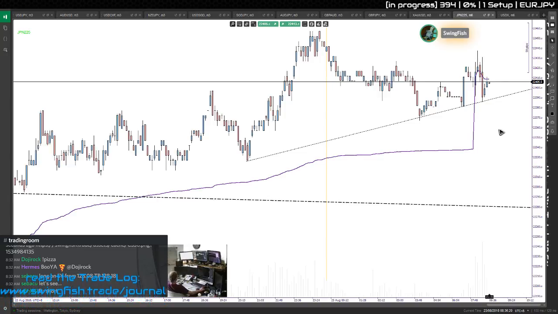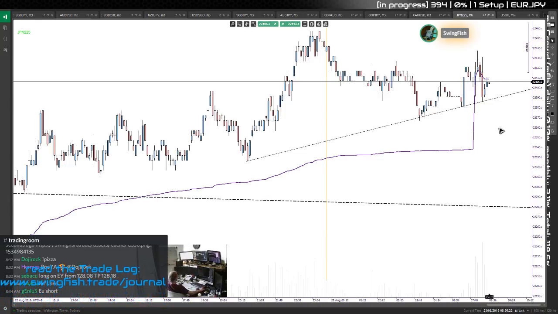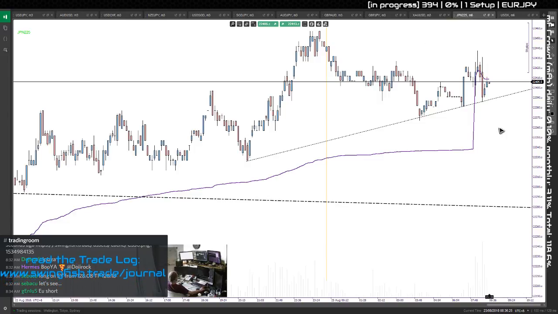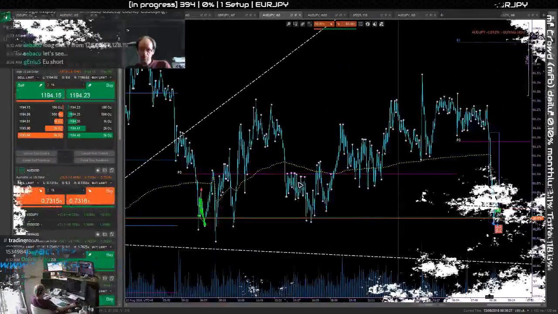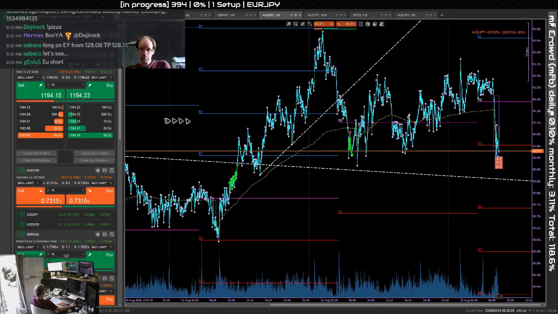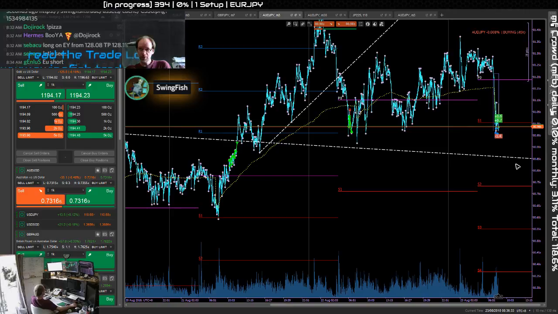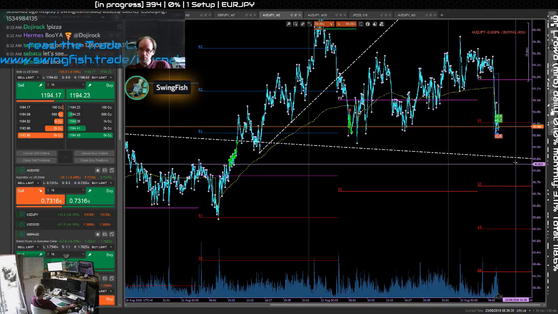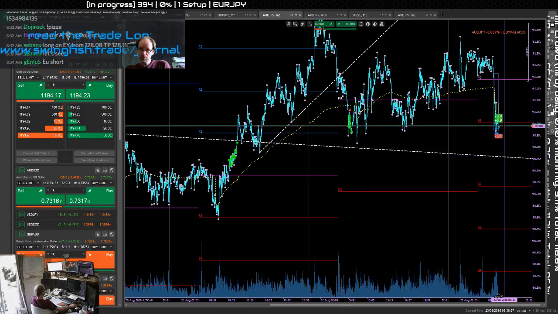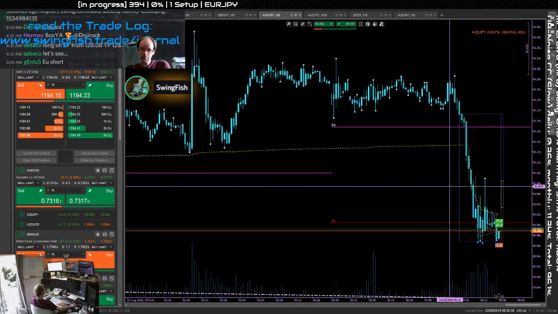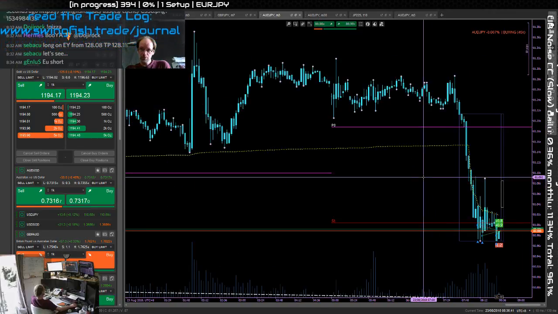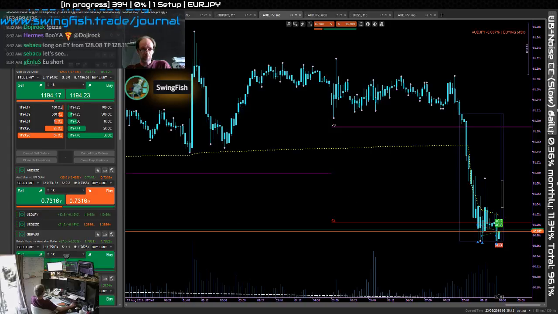Not out of the woods yet, but it looks... ASEAN could still make a retest about another 10 down, 12 down. That's why I'm in with a very small size.